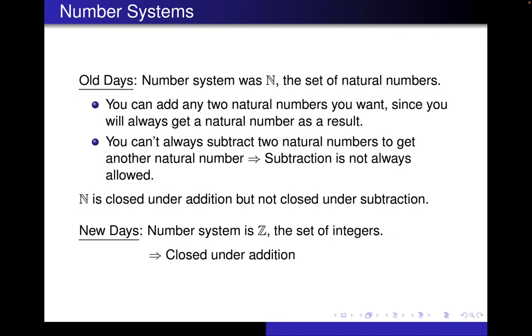Again, if your world of numbers is the set of integers, you add two integers, you're still within the world that you understand. However, it turns out with the integers, subtraction is also a closed operation. The integers are closed under subtraction as well, because if you take any two integers and subtract them, you're still in your world of integers. You still get an integer.